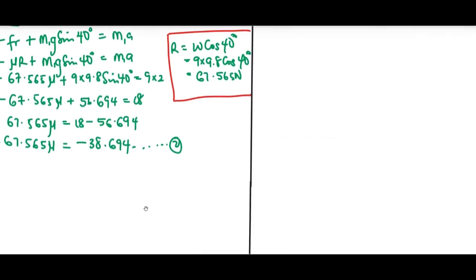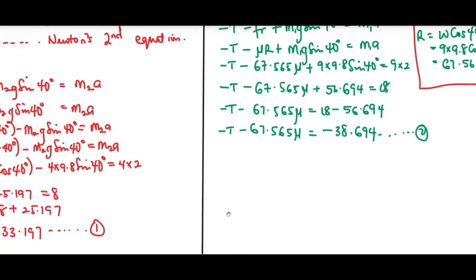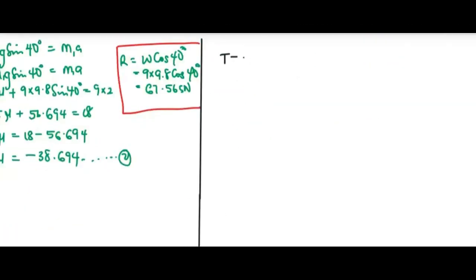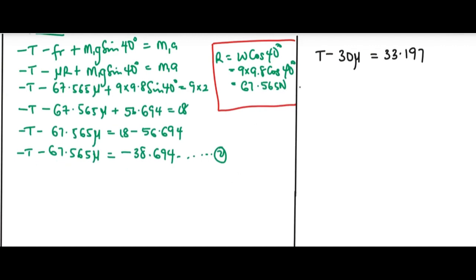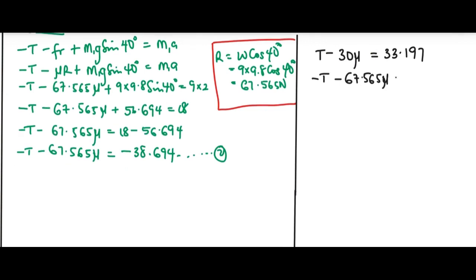Equation 1 says T minus 30 mu equals 33.197, and equation 2 says minus T minus 67.565 mu equals minus 38.694. This is my equation 1 and equation 2.